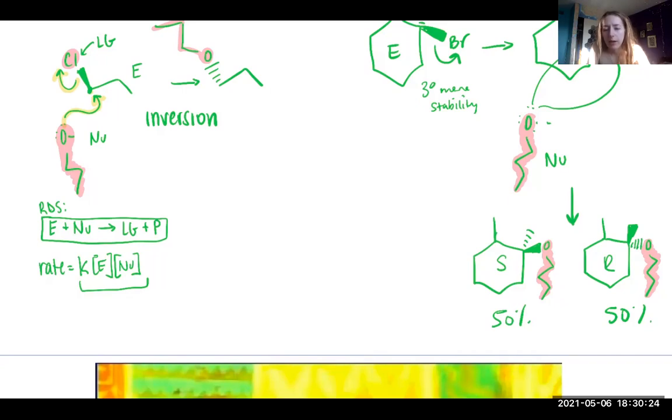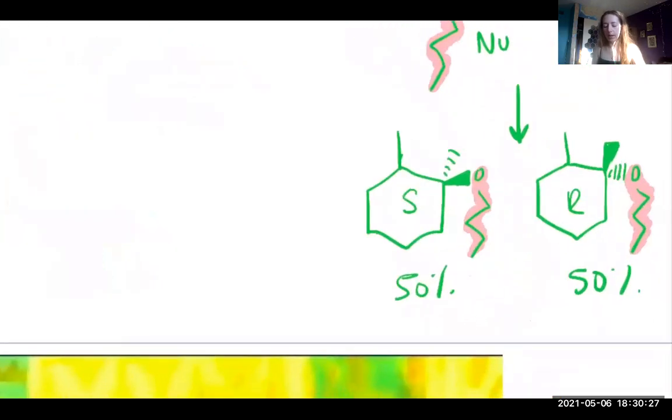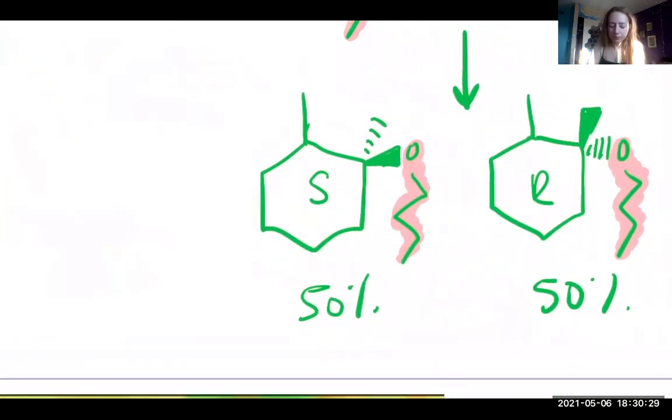And can you clarify how you got S and R? I just did it quickly in my head, but basically, this will be first priority. This will be last priority. This side will be second priority, and this will be third priority. The one over here will be second priority because it has 2 carbons as opposed to 1 carbon branching from it.